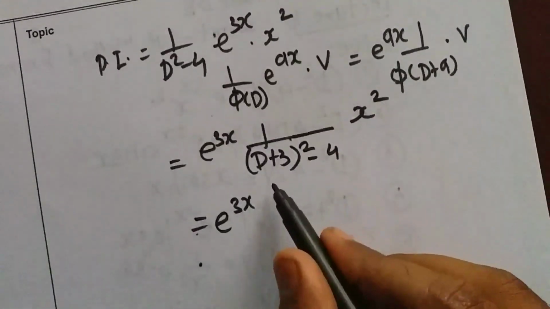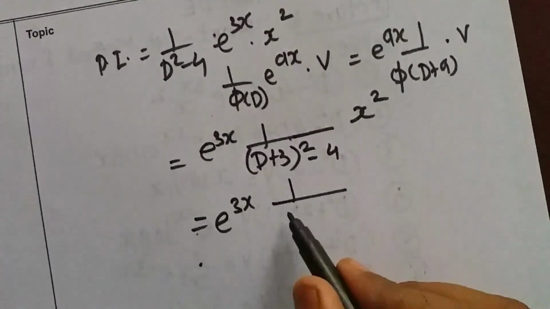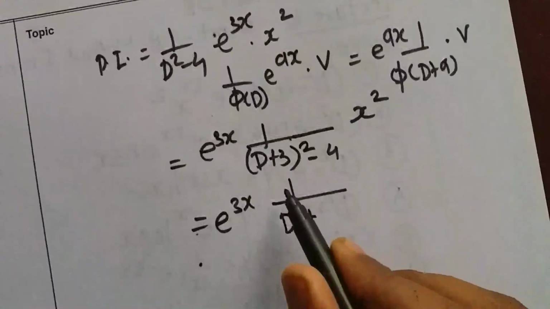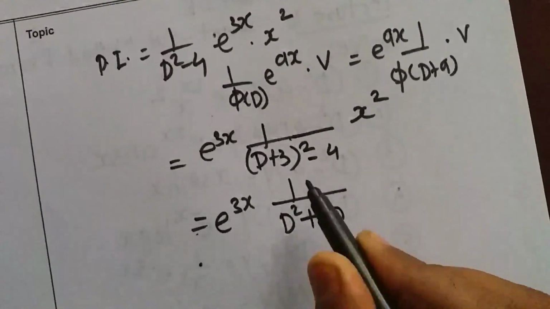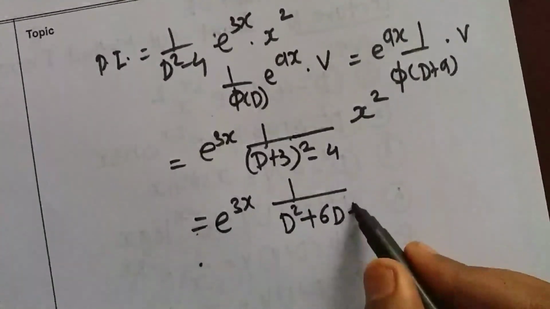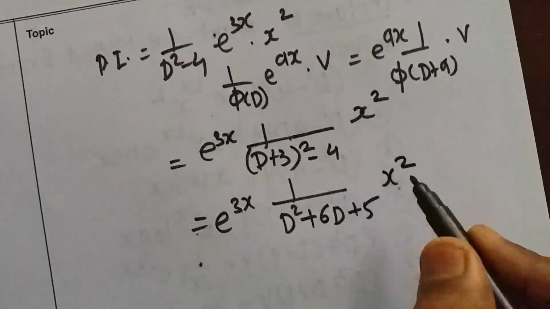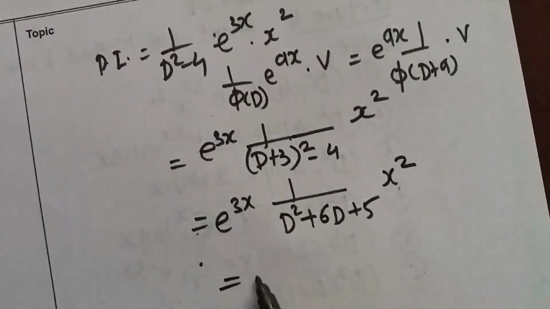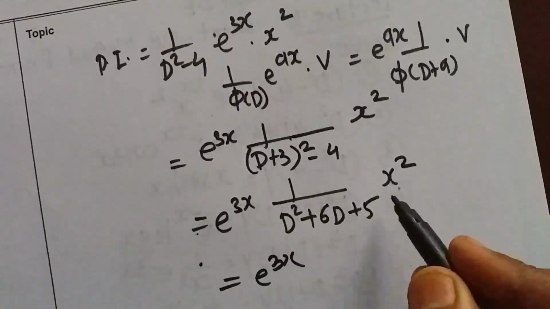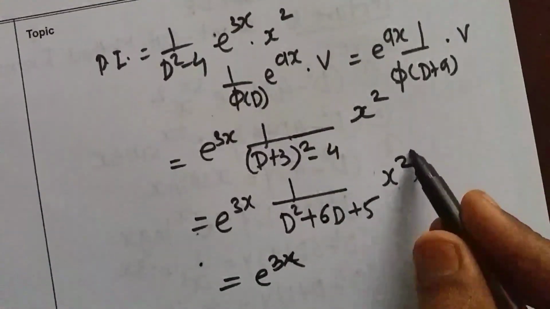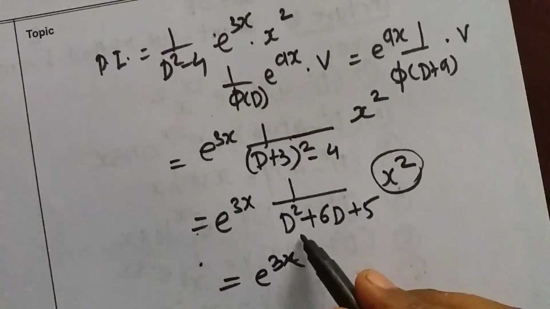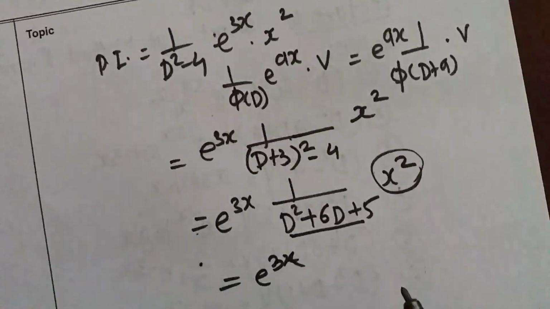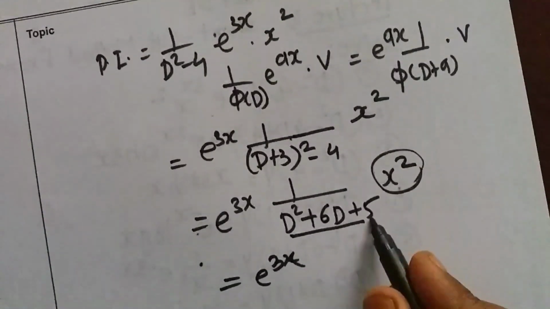Now first I will expand this bracket, so I will get D square plus 2 into 3, that is 6D, plus 3 square, which is 9, then 9 minus 4 gives 5, on x square. Now we are going to simplify this using case number 4. So here we have a polynomial function, right? In such a case, whatever the lowest degree term in the denominator we have, that we take common. So here we have 5.